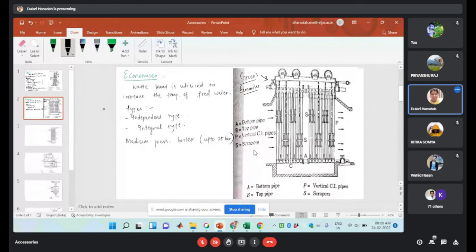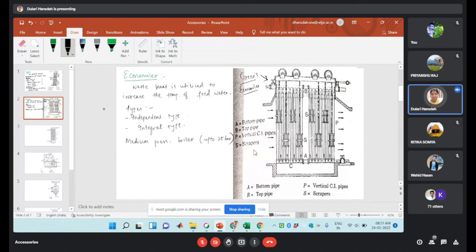If you observe, these are the vertical tubes, and S is the scraper. Below we have the horizontal tube, and above there is also a horizontal tube, the bottom tube and the top tube.